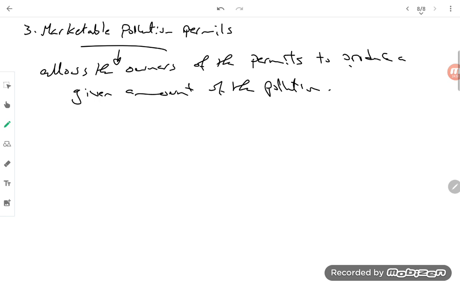So this means that the maximum acceptable level of pollution is going to be divided into units, and the government is going to sell these units to producers in the form of permits. The permits can be bought and sold.